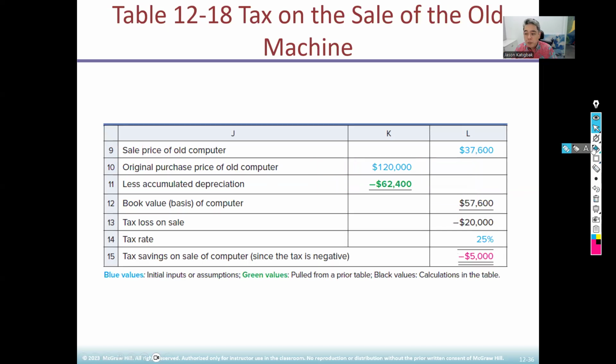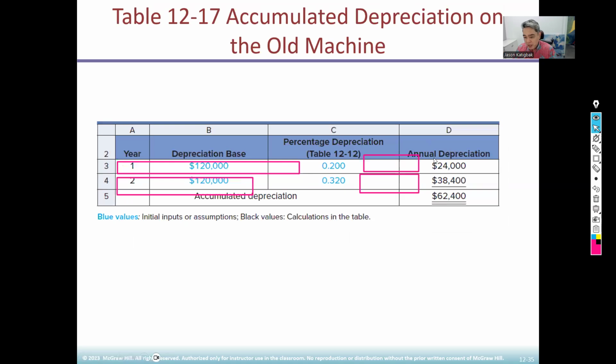Because you're going to have the 180 now as your basis. So what happens? The sale of the original equipment is 120. The accumulated depreciation, as shown a while ago, is 62,400. And you would tell me, okay, sir, that was a bit too fast. Where did that 62,400 come from? This one.